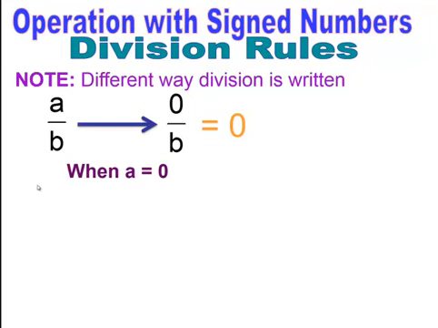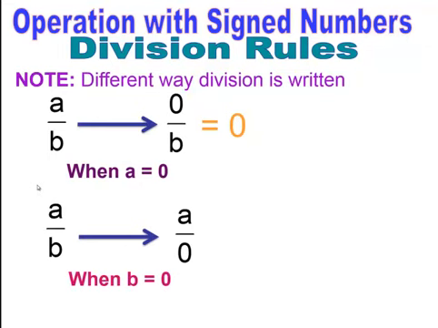So keep in mind, when you divide a number into 0, it equals 0, because when you multiply by that 0, it will equal 0. So if I get B times 0, it equals 0. So when B is divided into 0, it will equal 0.